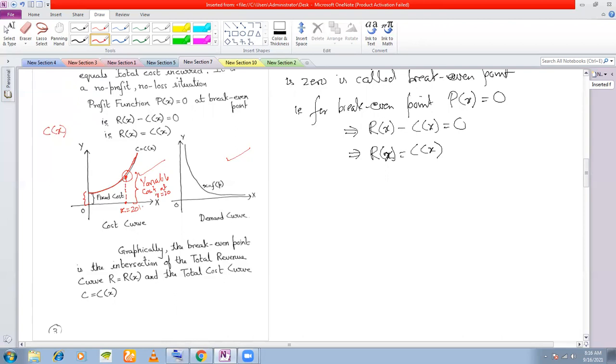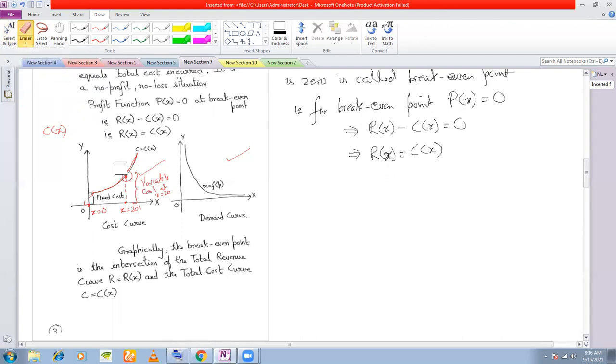Similarly, you can find out the variable cost for any value of x that you want. See that when x is equal to 0, the variable cost is 0, and the total cost is equal to the fixed cost.